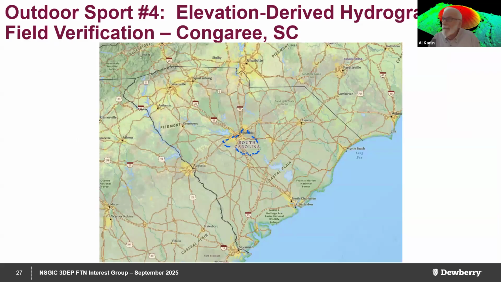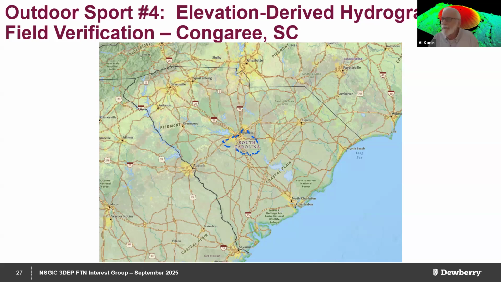Okay, for my fourth example of an outdoor sport, I want to focus on 3D hydrography, 3D elevation-derived hydrography.